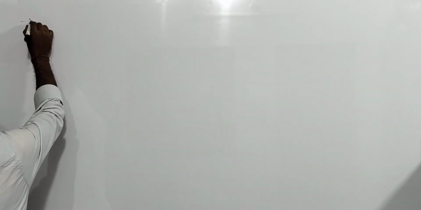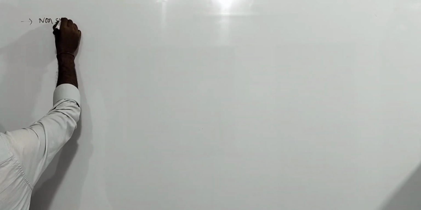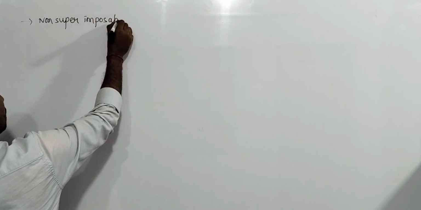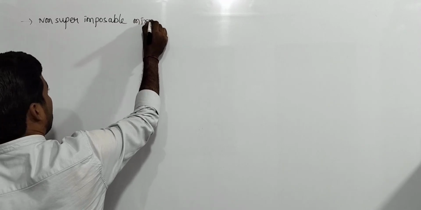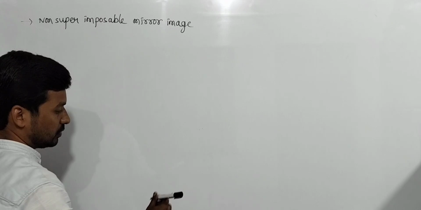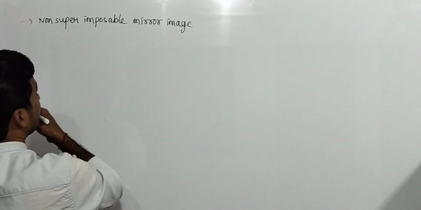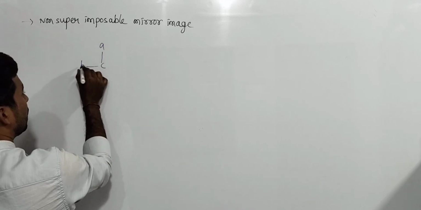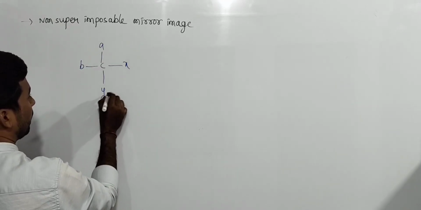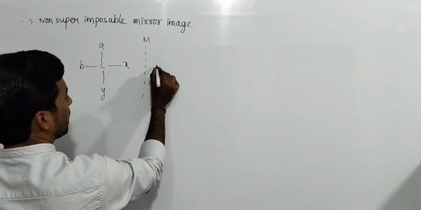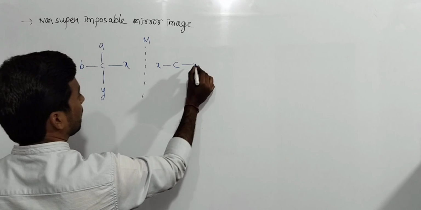Non-superimposable mirror image means, see, if we have an object with A, B, here X, and Y. If you see its mirror image, right becomes left, left becomes right.